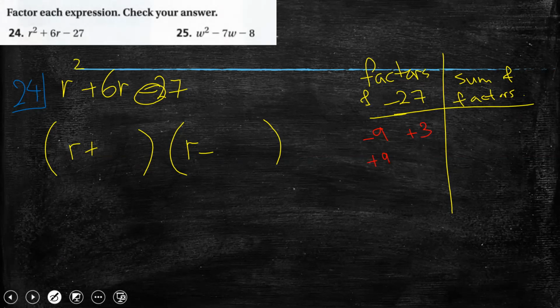What else? 1 and negative 27, negative 1 and positive 27. Now let's find the summation of them.